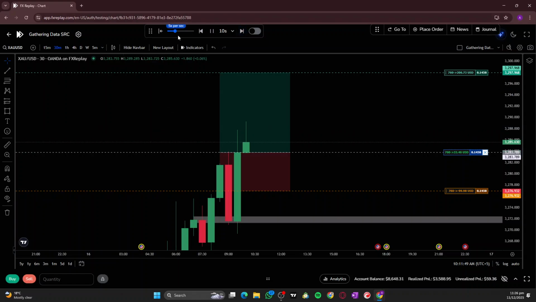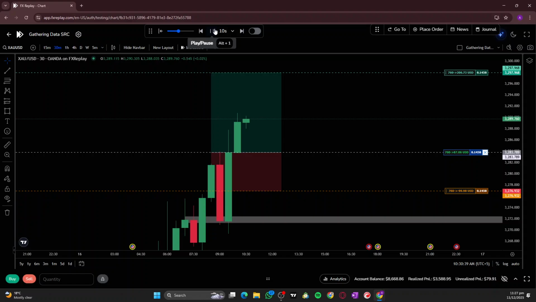Let's just speed this thing up. At this point, I'm just gonna break even this. Now it is at break even. Now I'm fine with this trade.